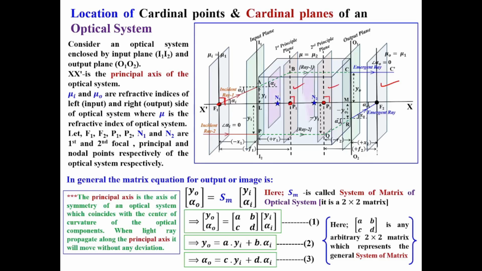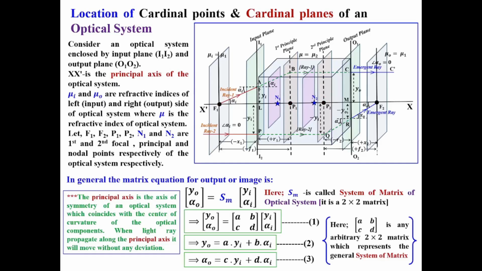These two are the first and second nodal planes, passing through the first and second nodal points and perpendicular to the principal axis.